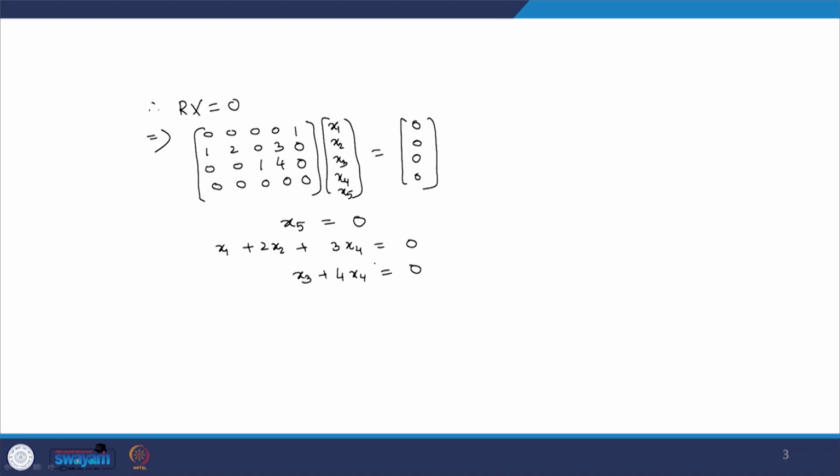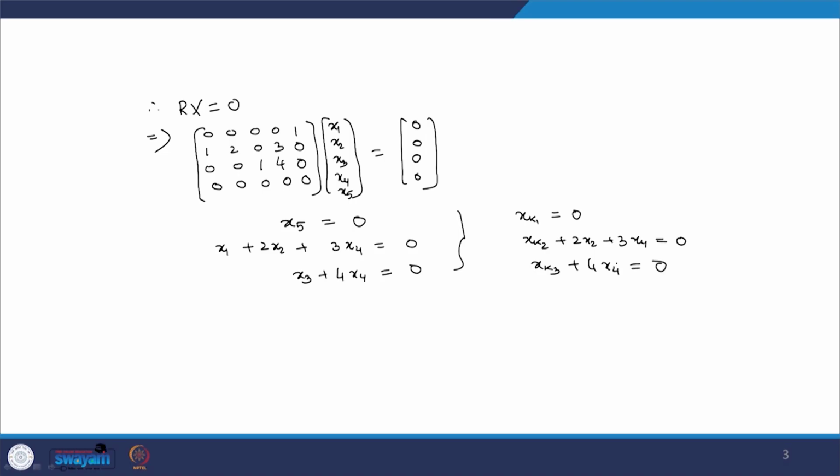So, I am getting 3 equations like this. I can also write xk1 equal to 0, and xk2, because k2 is equal to 1, plus 2x2 plus 3x4 equal to 0, and xk3 plus 4x4 equal to 0.